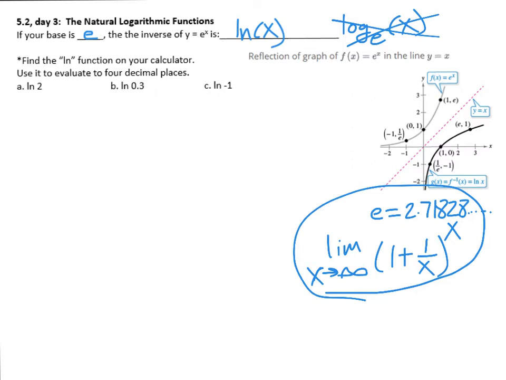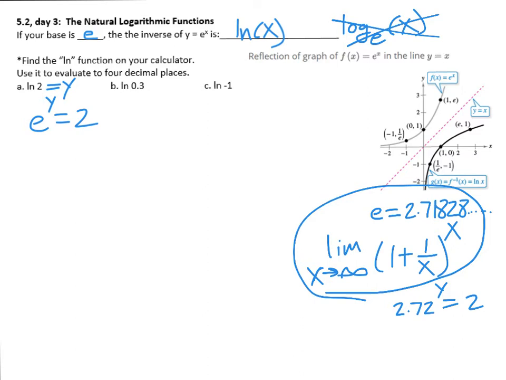Now, if we were to go to evaluate, we're probably going to be pretty calculator dependent. Here's the question we're looking at. For part A, e to what power is 2, right? If you think about that with a number value, like 2.72 to what power equals 2, that's a little tricky.